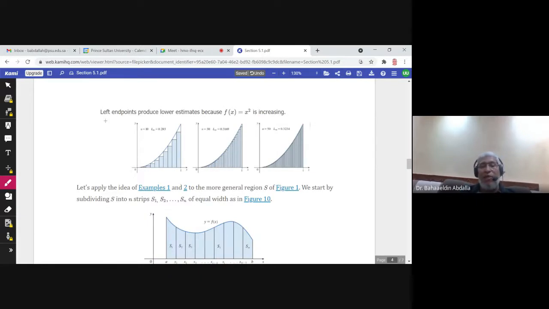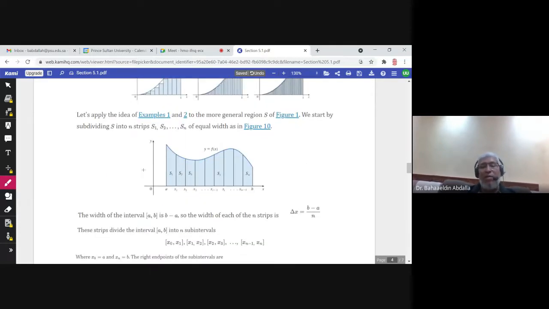The left endpoints, when the function is increasing, will give you always a lower estimate. So the actual area would be greater than the sum of the areas if you use the left end points.